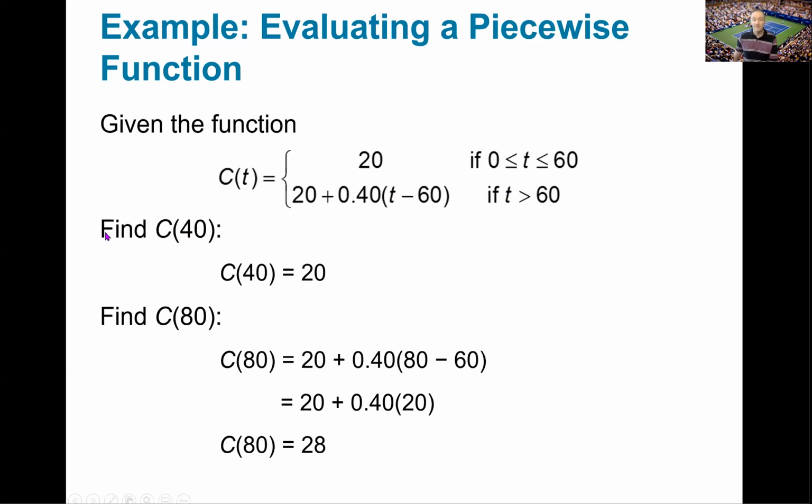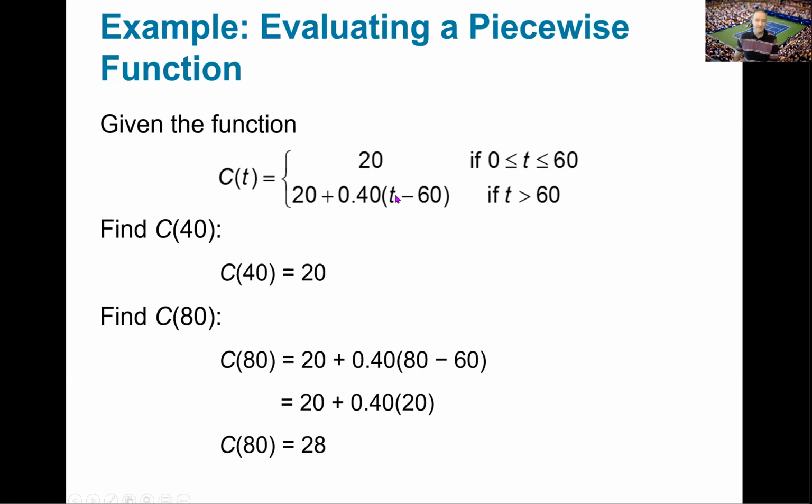Now if I have you evaluate this function c at 40, all you have to do is go into your function and find where to evaluate it. Well, 40 falls in the first set of numbers between 0 and 60. So c of 40, there's nothing to plug into; c of 40 is clearly 20. But on the other hand, c of 80 is going to put me into the second part of this piecewise function. It's not defined for t equals 80 in the first part.